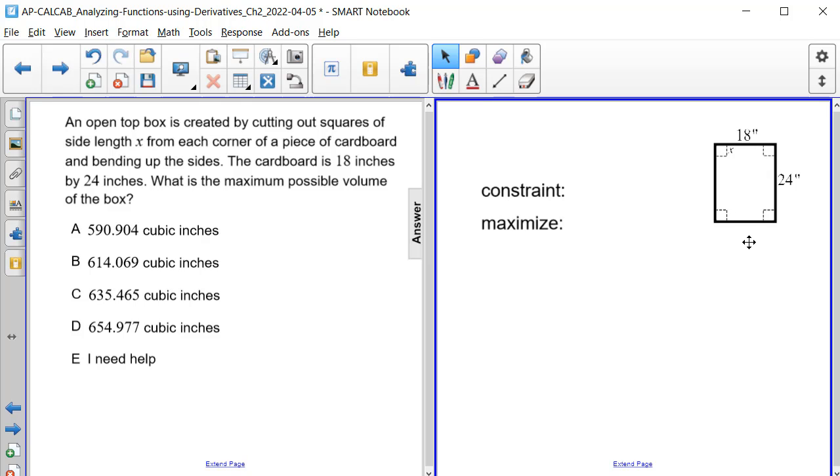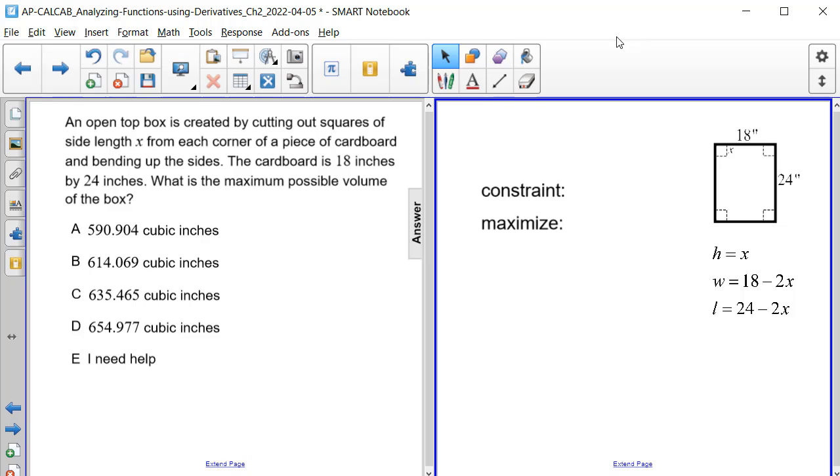So we'll end up having a width of 18 minus 2x. Similarly, the length that we have here is 24, and we're taking away an x on this side and an x on this side. So the length in the volume will be 24 minus 2x. And the height of our box will end up being that x value that we cut.